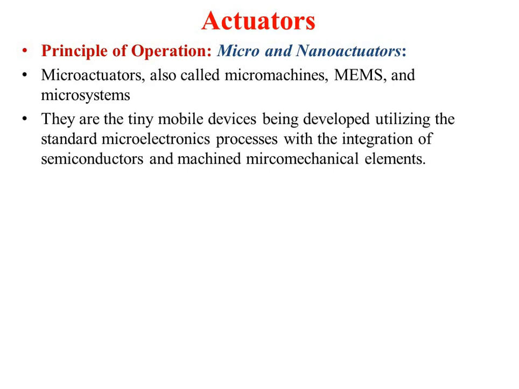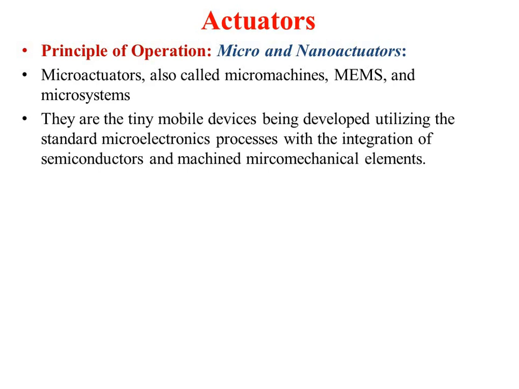We have seen in previous lectures the photolithography type of processes which can be used to develop microelectronic devices. Such micro or nano actuators are also developed with such microelectronic processes, with an integration of semiconductors and machined micromechanical elements.